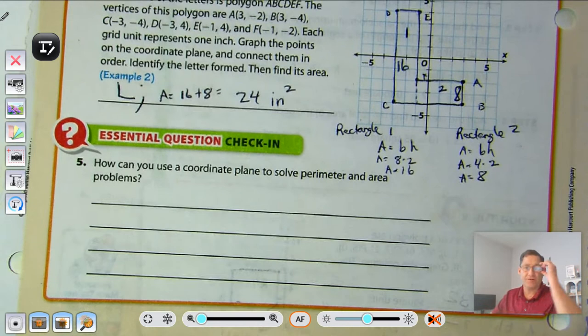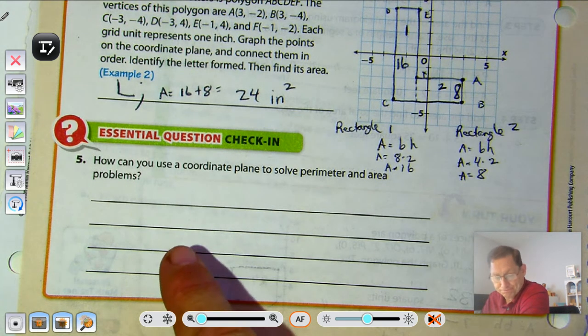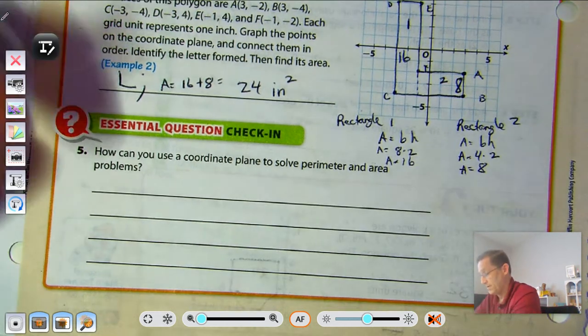All right, number 5. How can you use a coordinate plane to solve perimeter and area problems? Okay, so what did we basically do? We plotted the points, right? We plotted the polygon on the coordinate plane, and then we found the length of the sides of the polygon, and then we used formulas to find the area and perimeter.